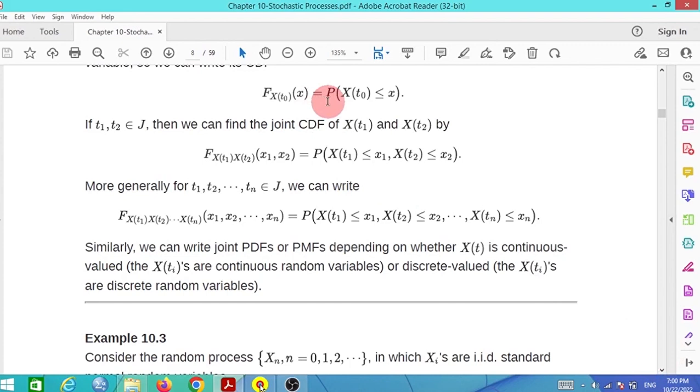You read in the previous chapter probability density function, cumulative distribution function, probability mass function, joint probability density function, or joint cumulative distribution function. Come back to the previous chapter of this book and study these details.